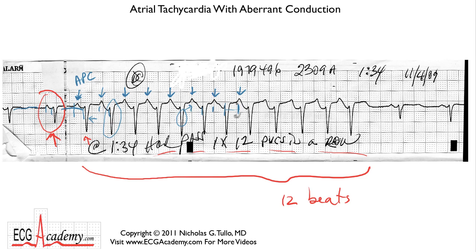It's moving around, and that gives you more evidence that this is indeed a P wave, and each one of these P waves does appear to conduct one-to-one to the ventricles with variable PR interval depending upon how fast the tachycardia is, until this P wave, which is the last P wave of the tachycardia, and it conducts to the ventricles.